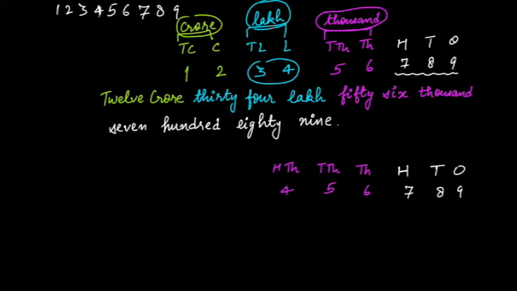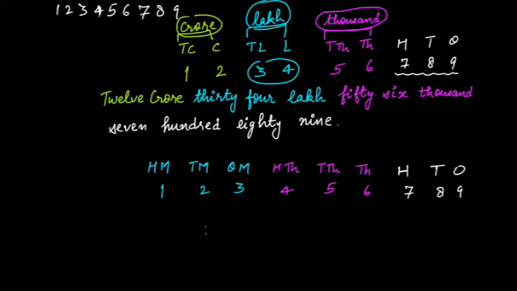Then we have 1 million, then 10 million, then 100 million. So write 3 here, 2 here and 1 here. So all the 9 digits have been assigned to their respective places.